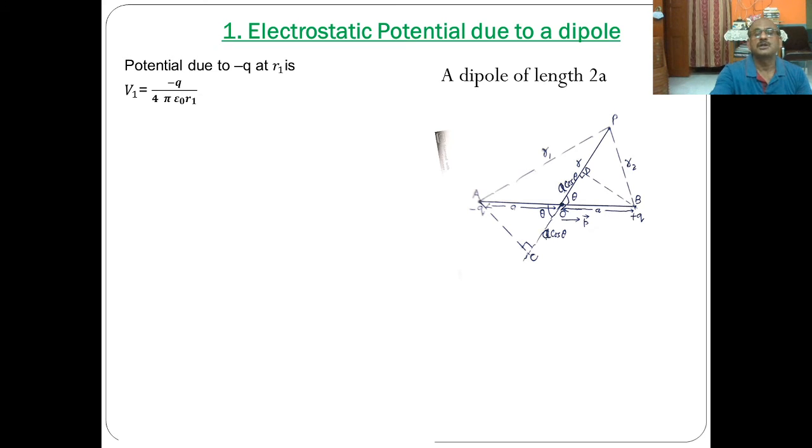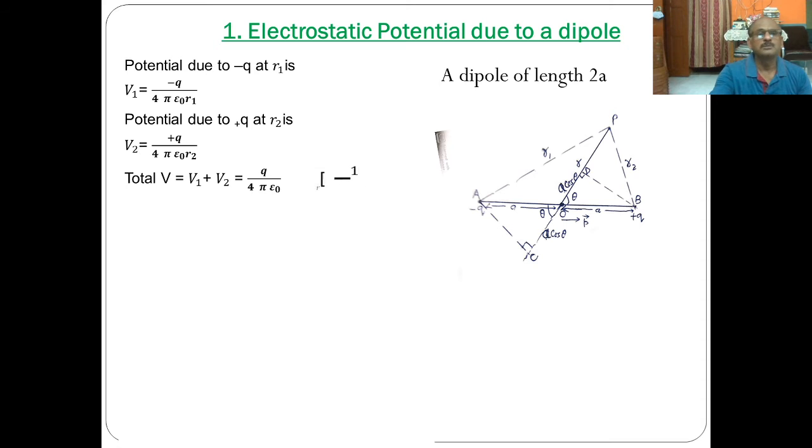Similarly, potential due to plus q is q by 4 pi epsilon naught r2. So the total potential will be the algebraic sum of these two potentials, and that will be q by 4 pi epsilon naught, 1 by r2 minus 1 by r1.